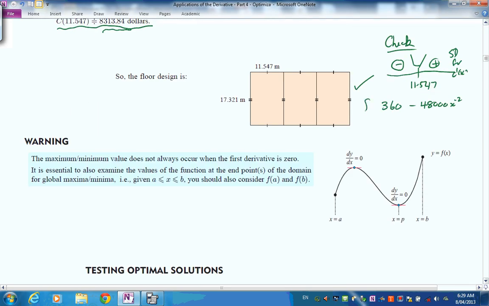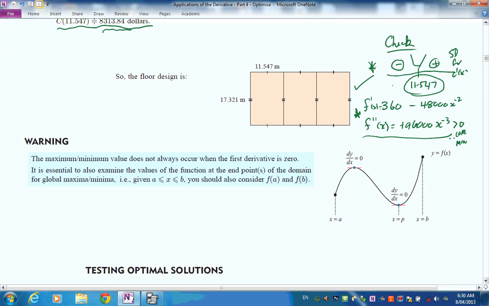And so that's the first derivative, and then the second derivative would be positive 96,000 x to the neg 3, which is 96,000 over x cubed. And if I subbed in a positive, yes, it would be greater than naught, therefore a local minimum. So you can do either of these methods to classify the turning point, whether it's a max or a min.